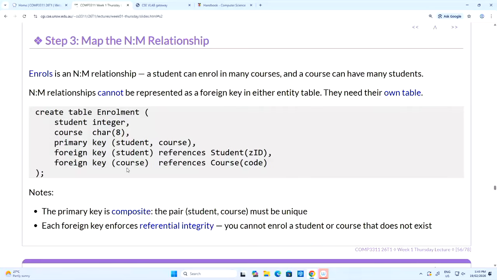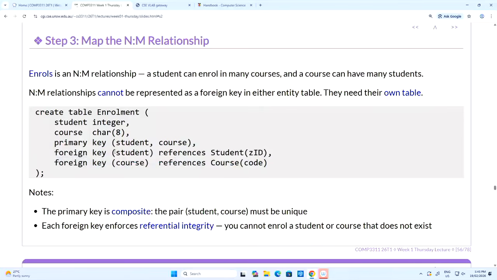And then because we have grabbed primary keys from other tables, we need to specify that, hey, this is actually the primary key of another table, and this is actually the code in course. So whenever this happens, we need to specify the primary key as the combination of the entity primary keys, and then we need to specify where it's coming from. So basically, we're specifying the foreign keys.